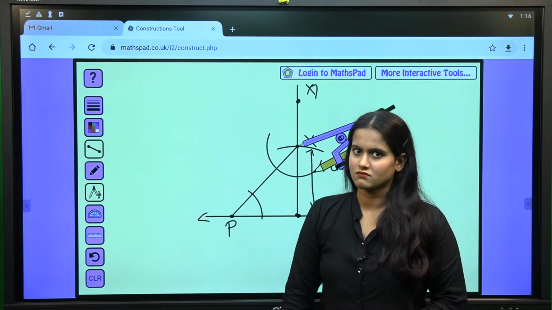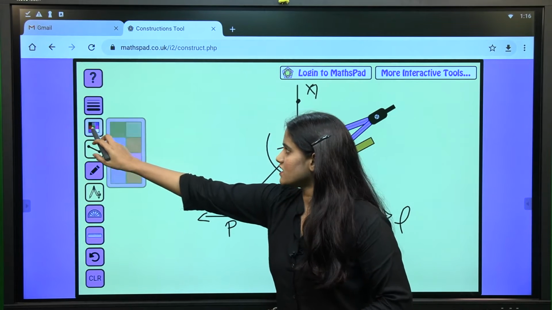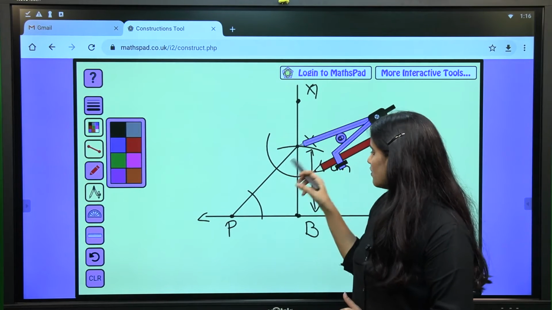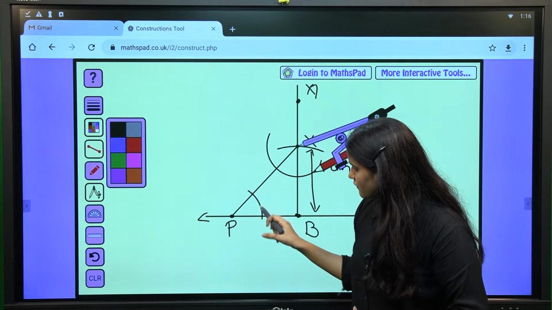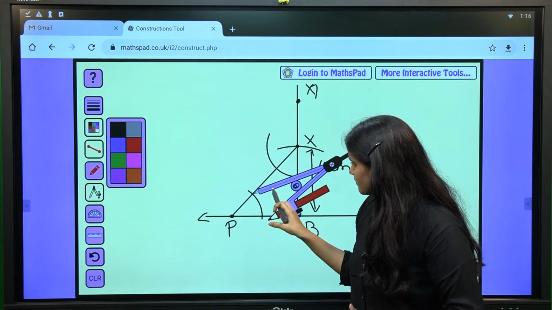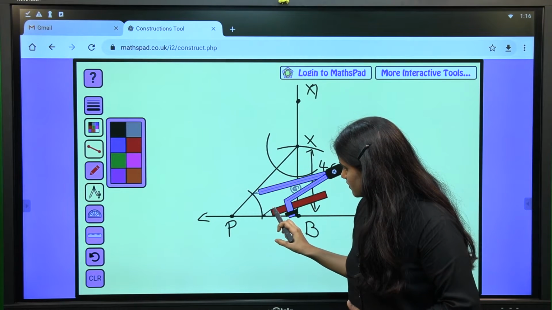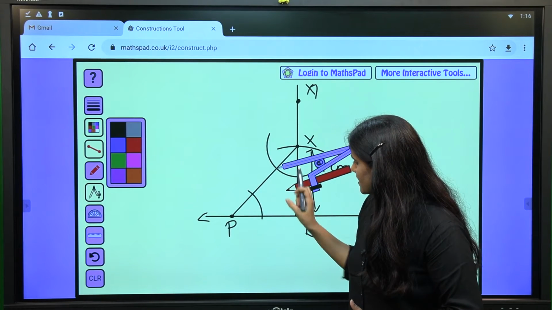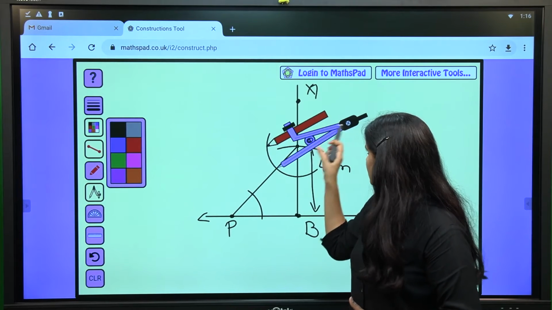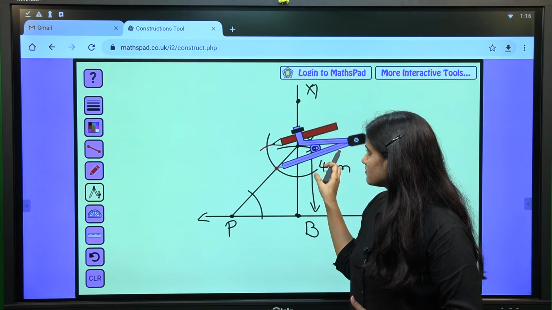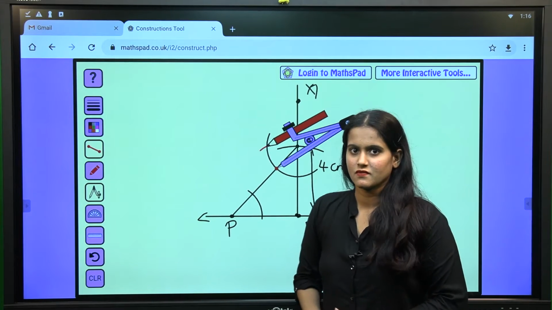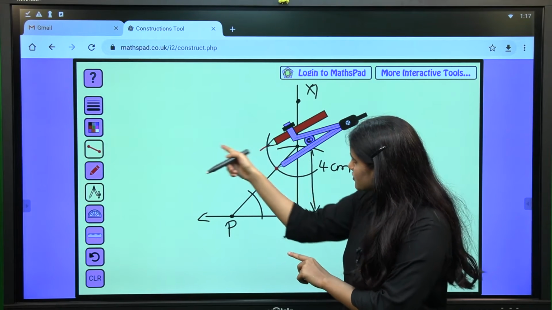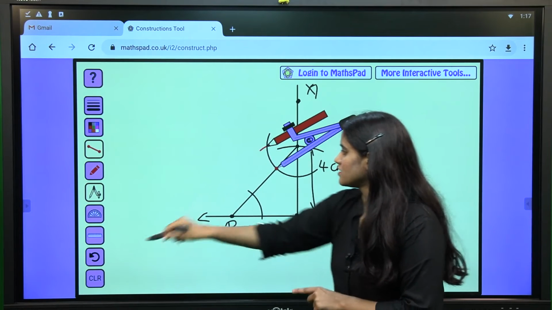So done. This part we know, right? Then I'll change the color. Now I'll just take the measurement of this arc. I'll fix it. So keep the compass here and then cut an arc. That's it. So if you get the arc and this point, just join these 2 points.